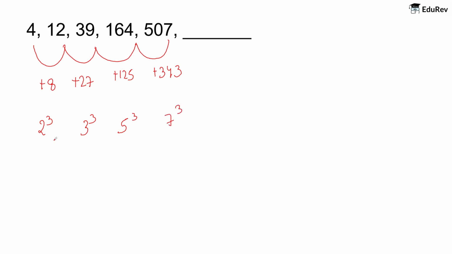So over here you can see that the numbers being added are in the form of cubes, but cubes of what? That is the question. Many students in excitement will just look at this 3, 5, 7 and they will take the next number as plus 9 cube. But dear students, please look at this carefully. It is 2 cube, then 3 cube, then 5 cube, then 7 cube. So these are prime numbers in increasing order.